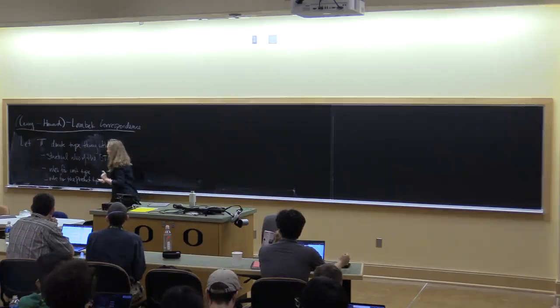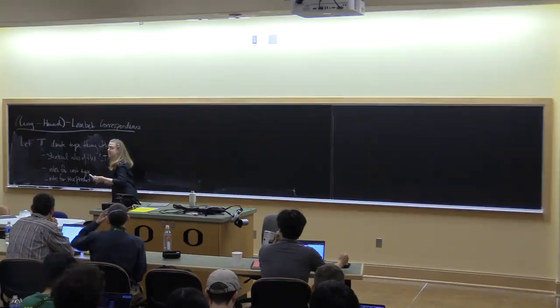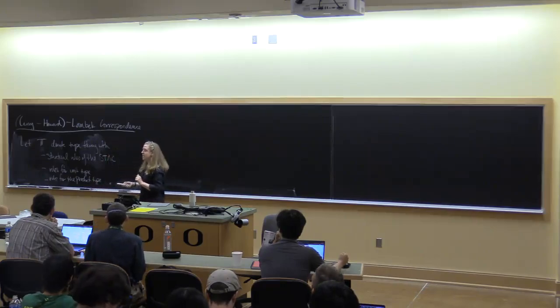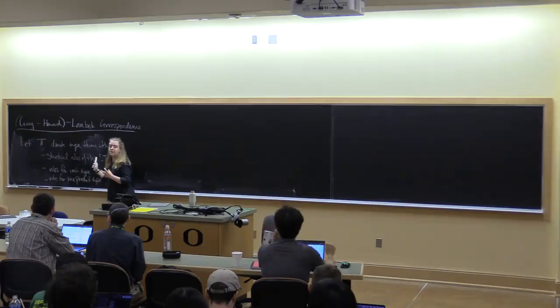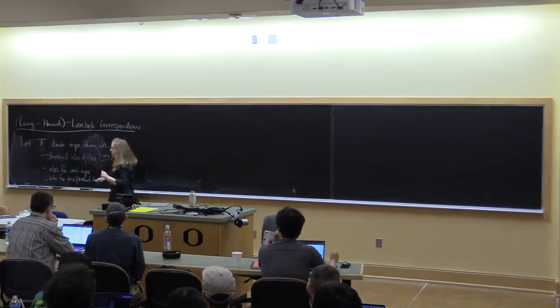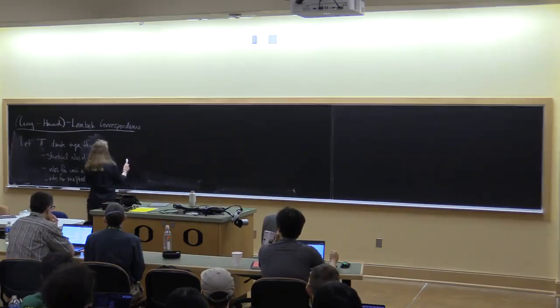I have the unit times the unit. The unit times the unit times the unit. Those are all at least isomorphic to the unit. So it's not very interesting. In particular, it will be the terminal category, the category with just one object and then the identity morphism on that object. Okay, so I want to add some extra stuff.